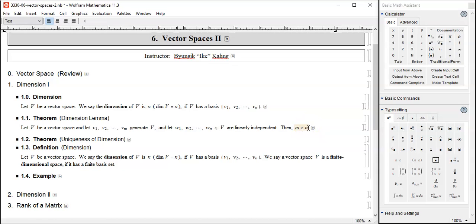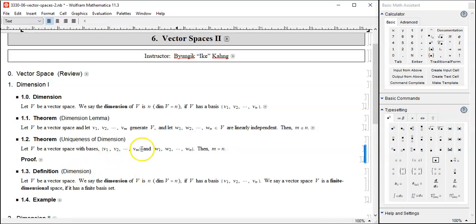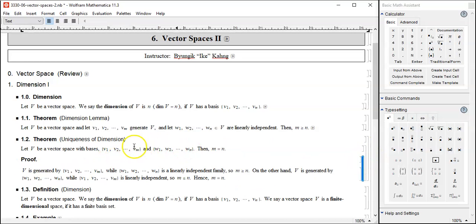We prove that, which we will do in the next video. And then use that to prove this uniqueness of dimension. We use generating here, linear independence there to conclude m is greater than or equal to n, and vice versa. Generating here and linear independence there to conclude n is now greater than or equal to m. Consequently, m and n are the same.